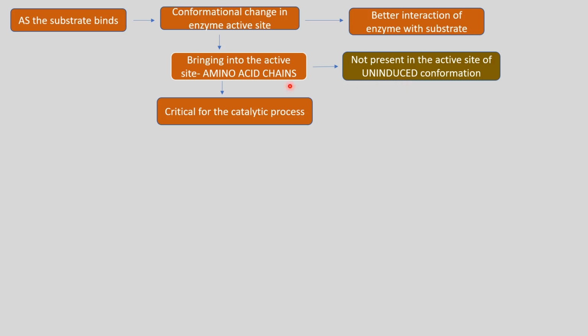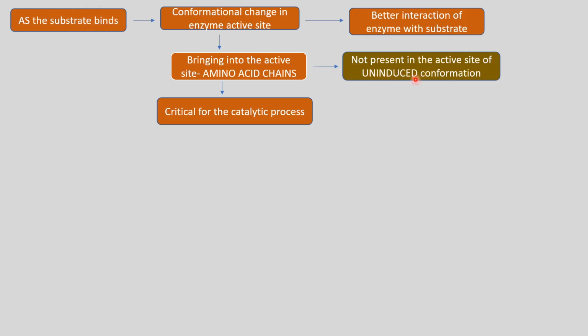To be understood, before the substrate binds, the enzyme is in an uninduced conformation. The enzyme is not induced. By induced we mean that it is triggered to carry out the process, right? So it will be induced to bring about conformational change only when the substrate binds.